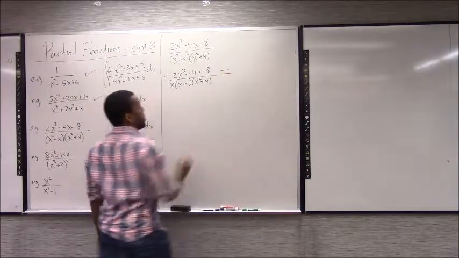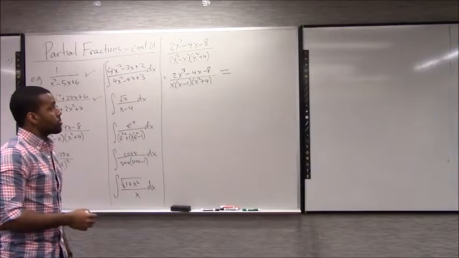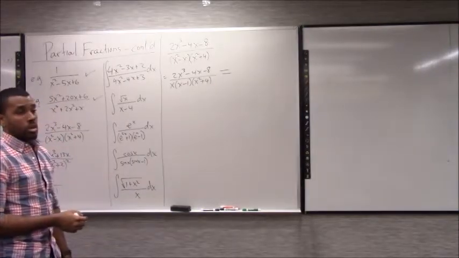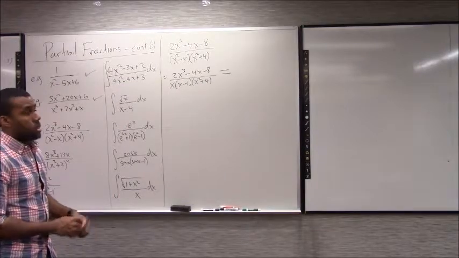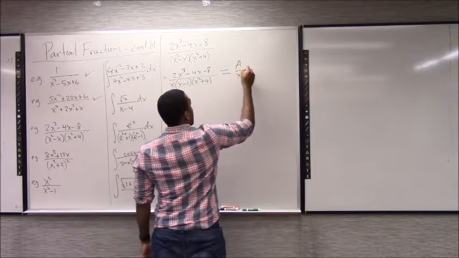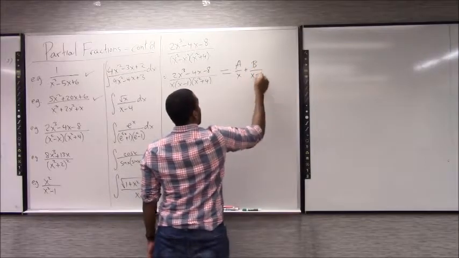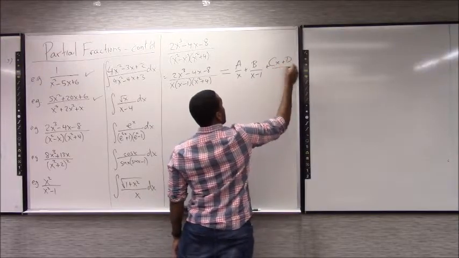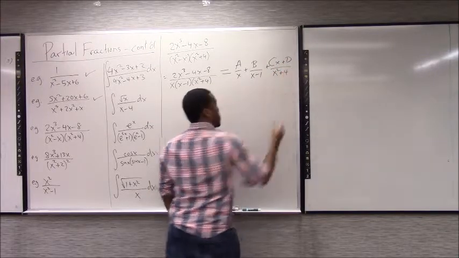And so, how would we break this guy up? A over x plus B over x minus 1 plus Cx plus D over x squared plus 4.